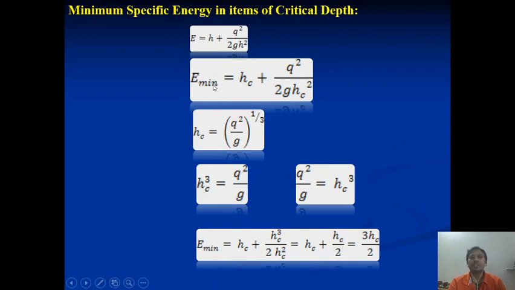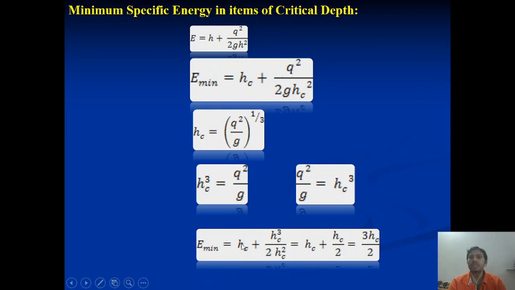So this equation we prepare in the form of the earlier equation, in the form of E minimum. So E minimum is equal to Hc plus q square by 2g Hc square, and this Hc is again (q square by g) to the power 1 by 3, so Hc cube is q square by g. So q square by g is equal to Hc cube, and we insert this because we want to make a comparison with Hc, so we convert q square in the form of Hc.